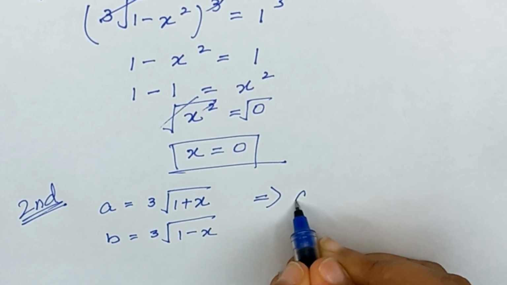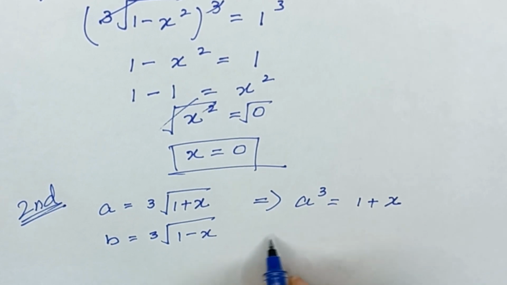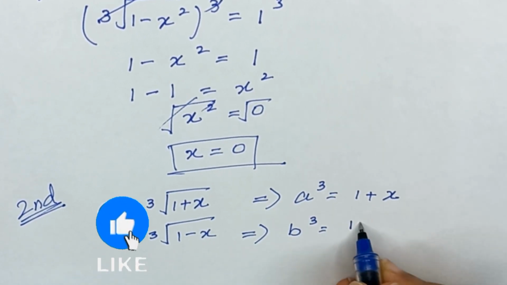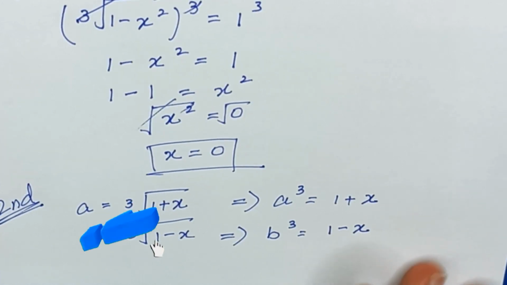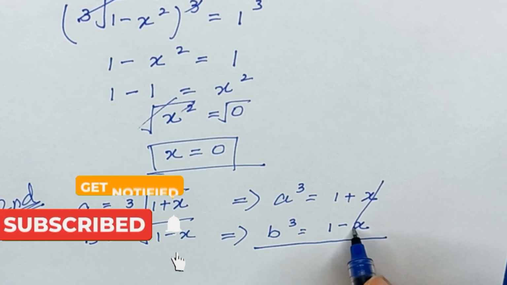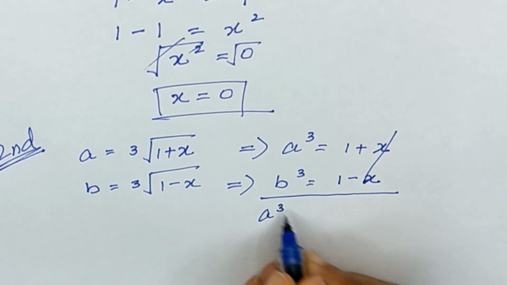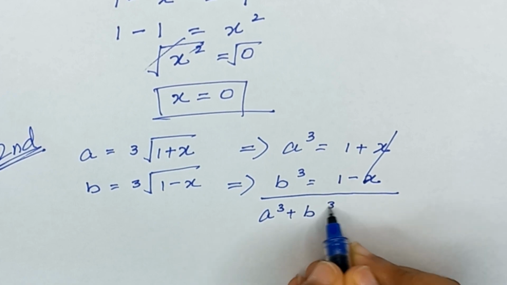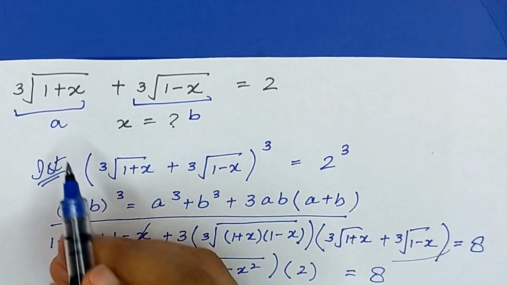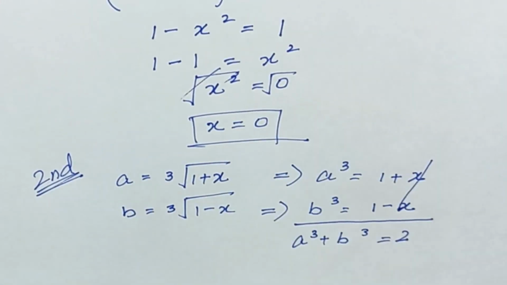From here a cube will be equal to 1 plus x, and b cube will be equal to 1 minus x. So here we have two equations. If I add these two equations, this x and x will cancel out, and a cube plus b cube will be equal to 2. And we know that a plus b will be equal to 2.